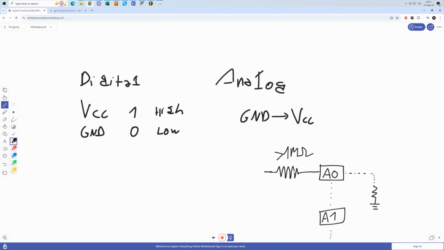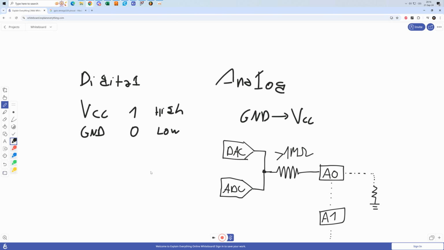Now, usually these analog pins, they can either input an analog voltage or they can output an analog voltage, meaning that they either have something which is called an ADC, which is an analog to digital converter, or they have something we call a DAC, which is a digital to analog converter. Now, these are important because, of course, the microprocessor itself is a digital device.